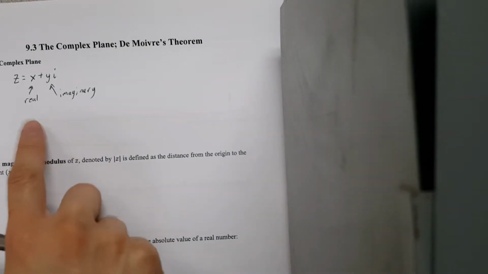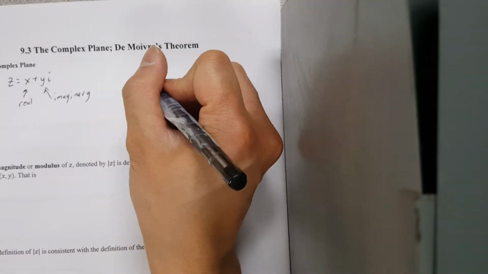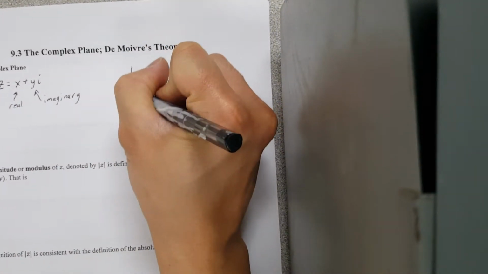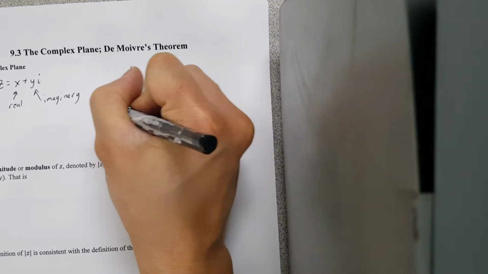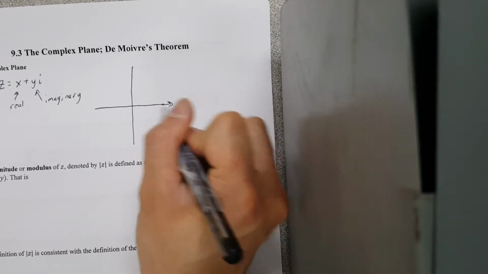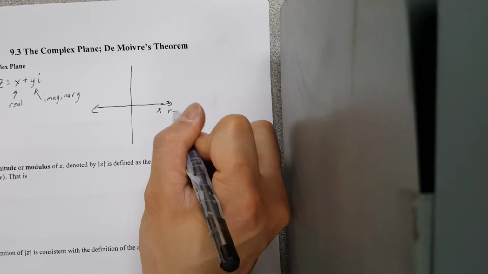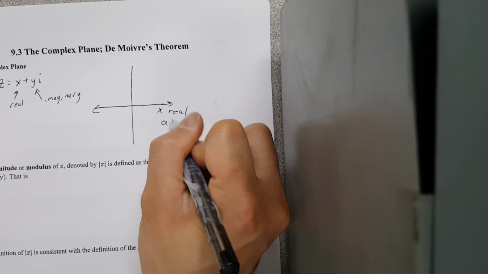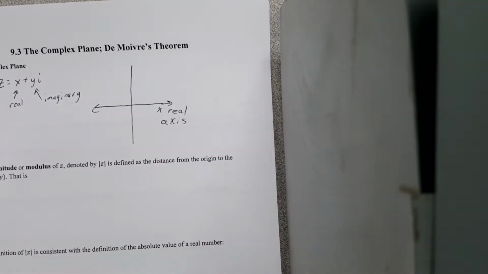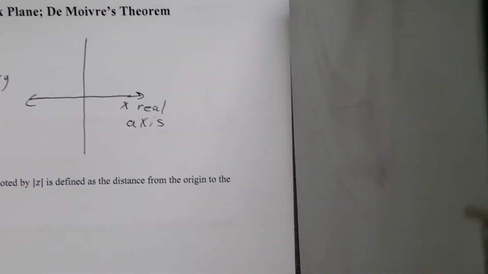Now, the way we graph this, we're going to create something called the complex plane, and the complex plane looks exactly like an xy coordinate system, but the x-axis is our real axis, and then the y-axis is our imaginary axis.